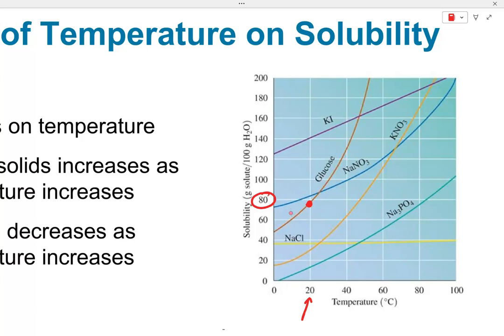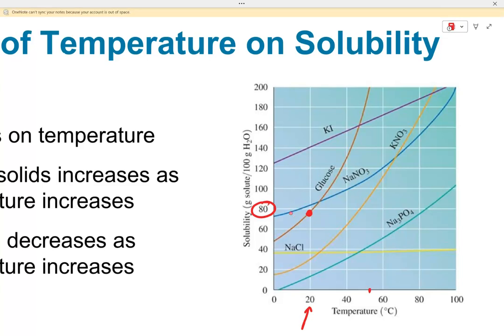Now let's take a look at the higher temperature. The solubility of sugar, well, not sugar, it's glucose, but close enough, will be 200 grams per 100 grams of water. If you ever made a syrup, this is how you make it. Does that make sense to you?